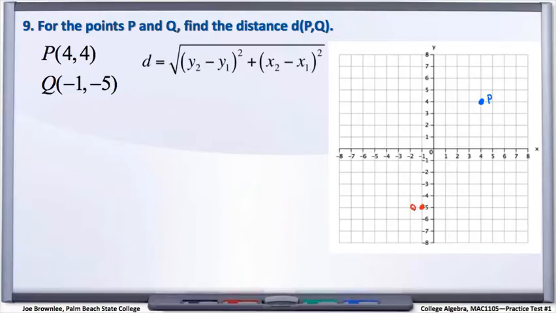And now what we're doing is we're finding the distance between these 2 points. So what is that distance? Well, I don't know. Let's find out together. And you can see here that we have the distance equals the radical of y2 minus y1, that quantity squared, plus the quantity x2 minus x1 squared.